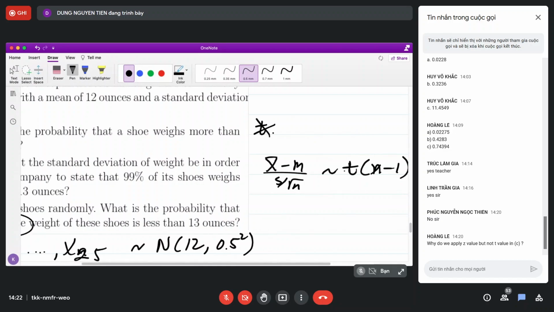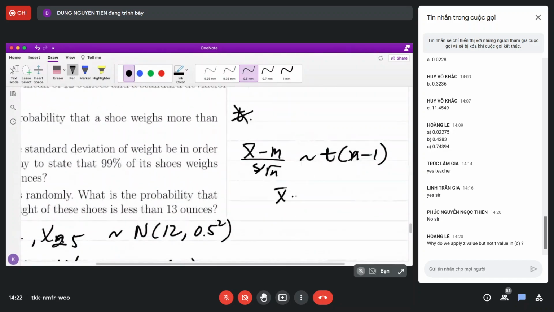Understand? Now, what we get is that (X bar minus mu) over (sigma over the square root of n) follows the standard normal distribution. Do you understand? So for the midterm, you don't use T. It is okay.